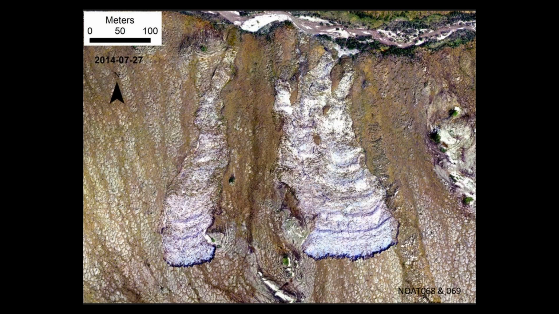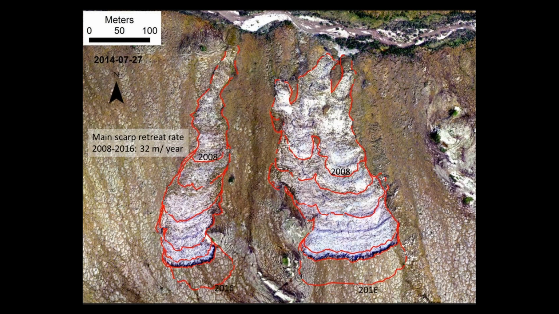So here's just another example. These are a couple of big ones also in the upper Noatak Valley. These are facing directly north, by the way, so obviously that didn't keep them from being, actually, this one on the left had the fastest retreat rate of any that we have been monitoring, and it faces directly north, so go figure. That obviously doesn't matter.